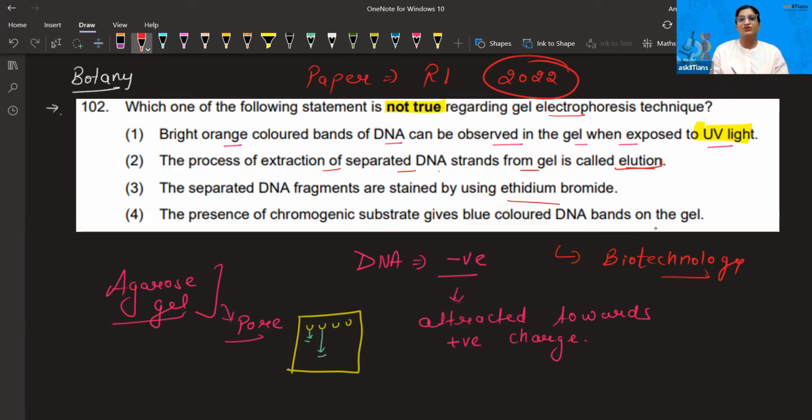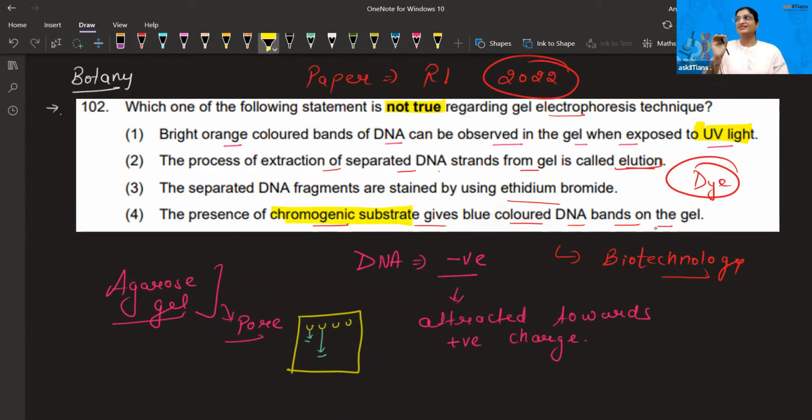The presence of chromogenic substrate gives blue colored DNA bands on the gel. First of all, guys, I told you that a colored substance is used because we need to visualize DNA under UV light. So obviously we will be using a colored substance, a dye. I hope you remember the definition of chromogenic substrate.